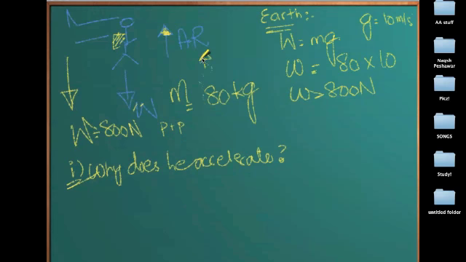If the weight is 800, the air resistance would be around 50 newtons. The resultant force is 800 minus 50, which is 750 newtons downward, so since there is a resultant force, he keeps on accelerating downwards.